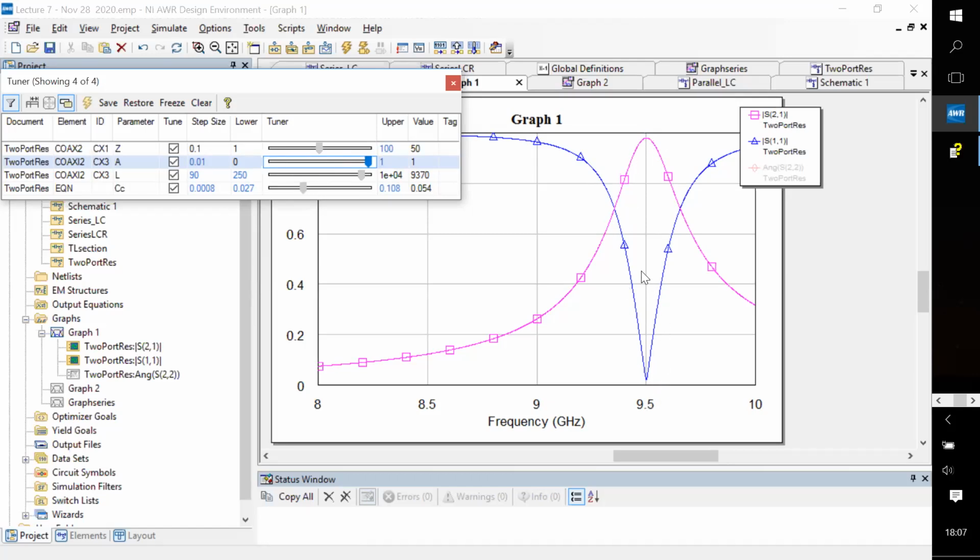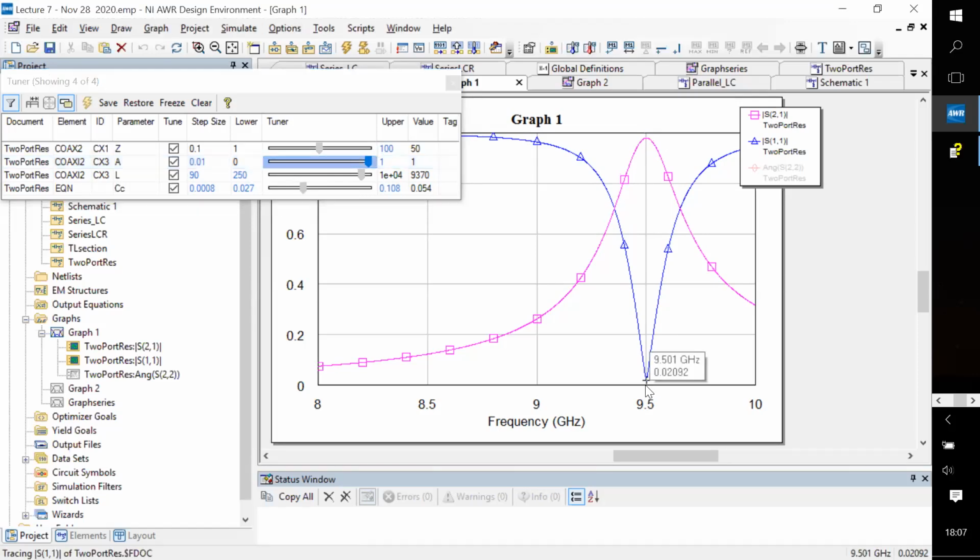You could still have 1 coming in, 0.9 going out, and 0.1 getting dissipated. However, what you see is that even the reflection actually gets messed up. So it's not as big as this one. So this one comes down and then this one goes up, and there's a very tiny amount of power being absorbed.